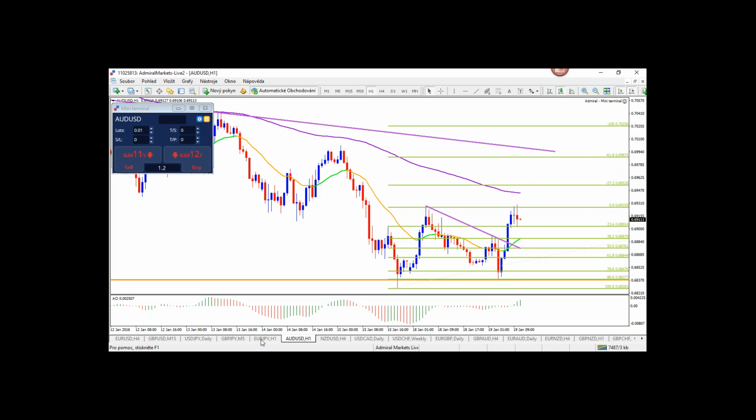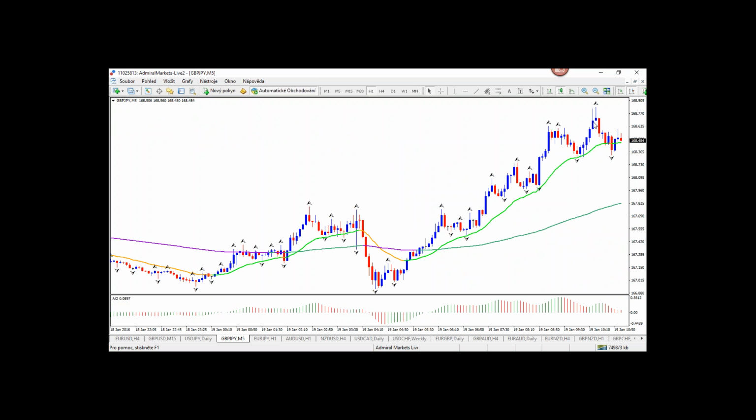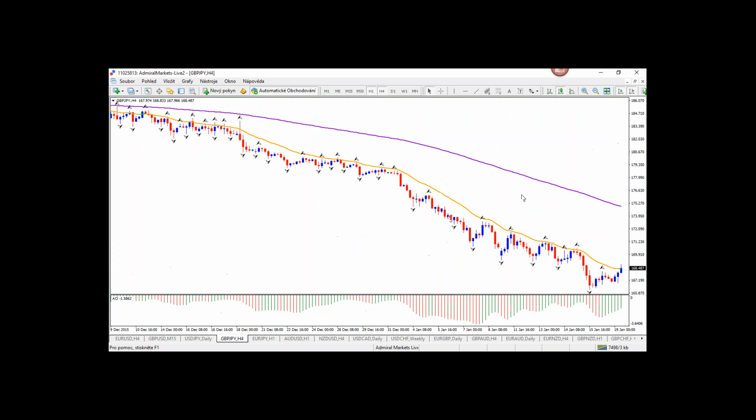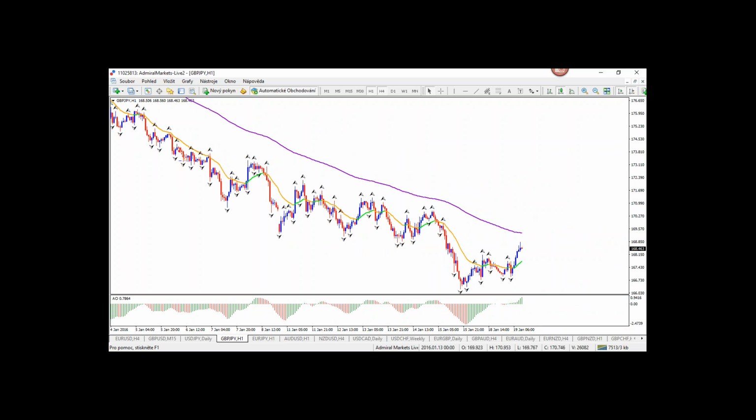I didn't look at the euro yens and pound yens, but I don't think they're that interesting. Especially the euro yen, not. Pound yen is in a big trend as well, though. I have to correct myself.